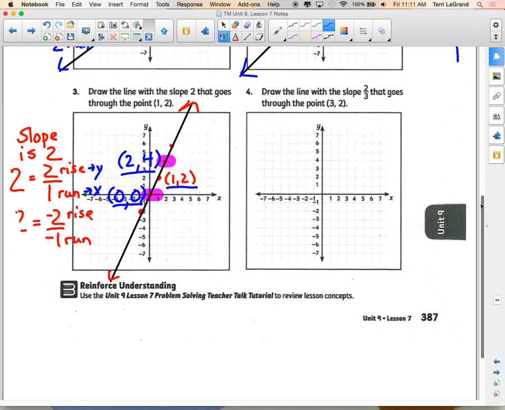Ordered pair 3, 2. Let's get that one graphed. And this one says it has a slope of 2/3. Well, it's already got a numerator and a denominator. It already has a rise and a run.